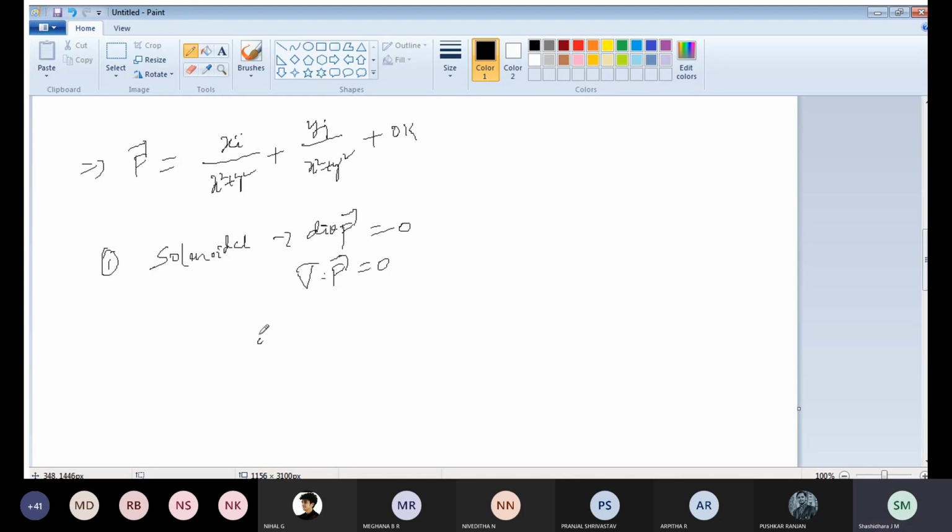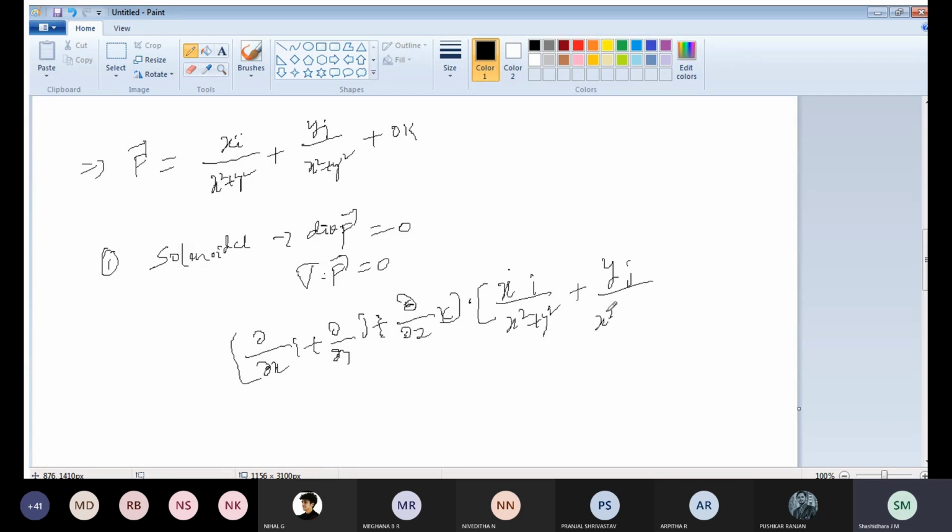Dou by dou x i plus dou by dou y j plus dou by dou z k dot vector f, xi by x square plus y square plus yj by x square plus y square plus 0k.